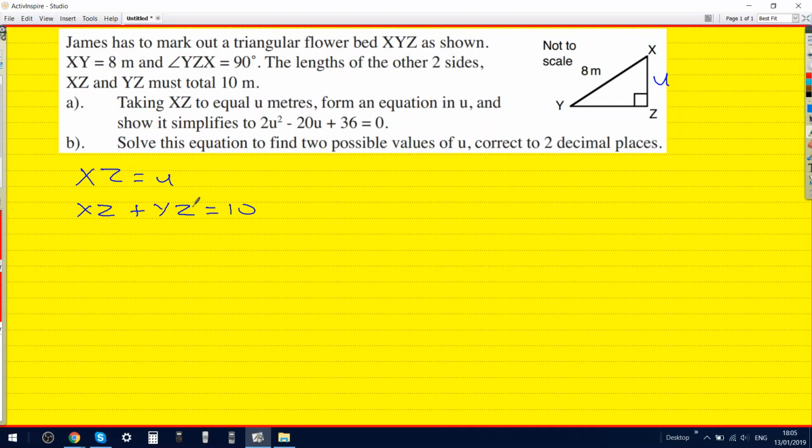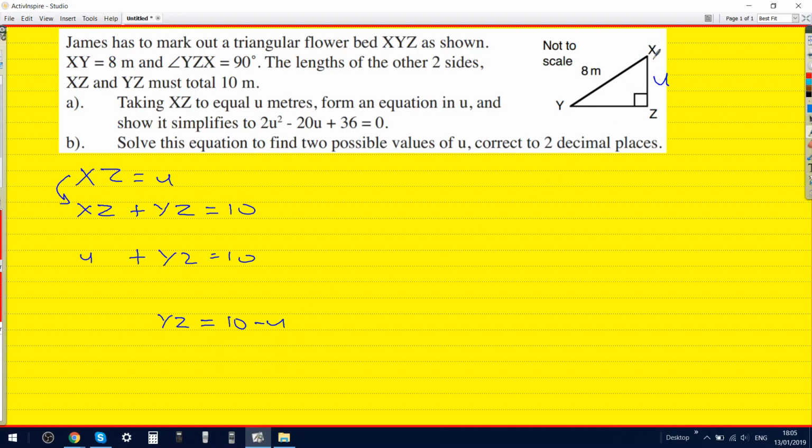So in the second one, instead of calling that XZ, you can call it U. So U plus YZ is equal to 10. And so what would you get if you made YZ the subject? 10 minus U? Correct.